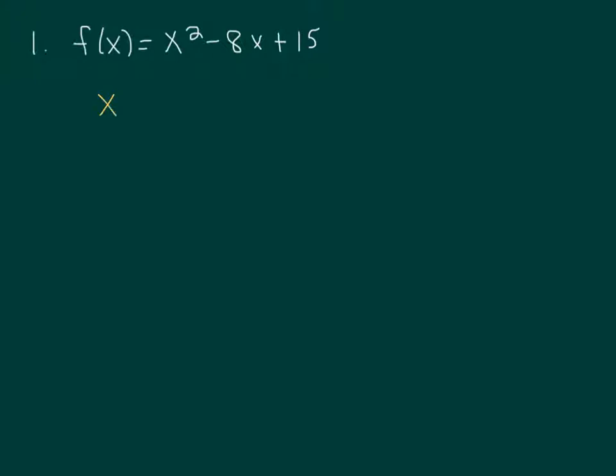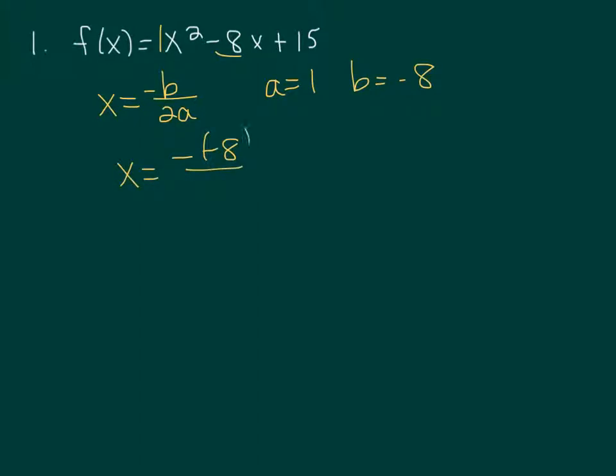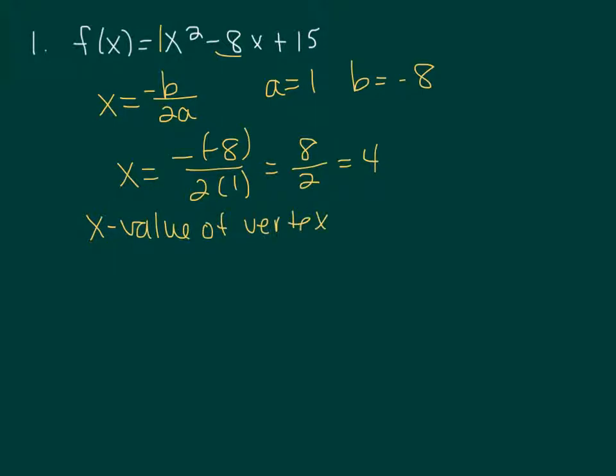We know that the formula is x equals negative b over 2a, and in this equation, a is equal to 1, b is equal to negative 8, and when we plug that in, negative of a negative 8 over 2 times 1, so that gives us positive 8 over 2, which is 4. So the x value of the vertex is 4.